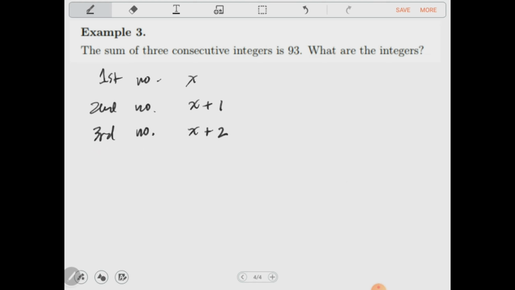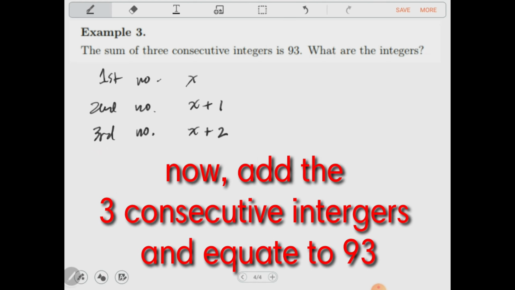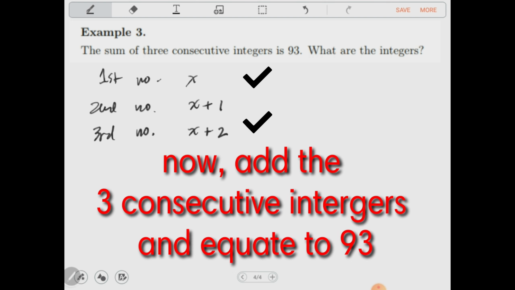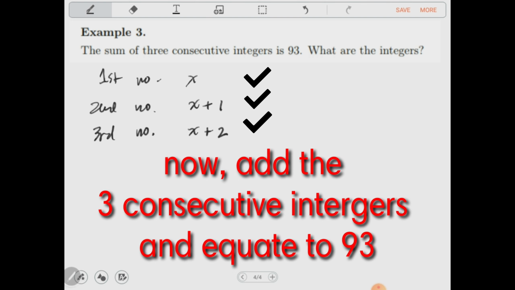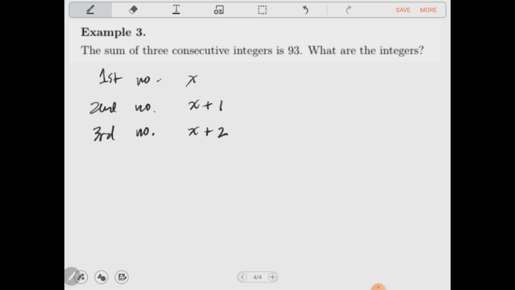What are the integers? So now we have our 3 consecutive numbers, and if we're going to sum up these 3 consecutive numbers, we come up to 93. So let's create our equation.